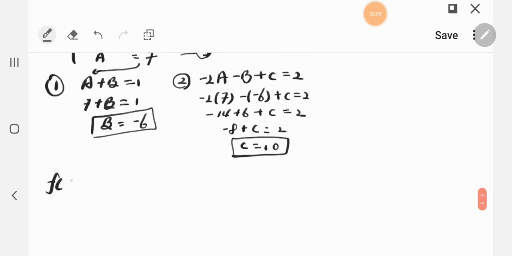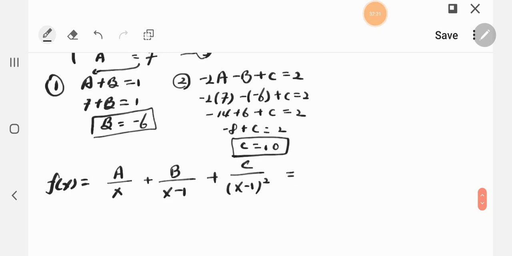We know that f of x is a over x plus b over x minus 1 plus c over x minus 1 squared. And then we found the x values.